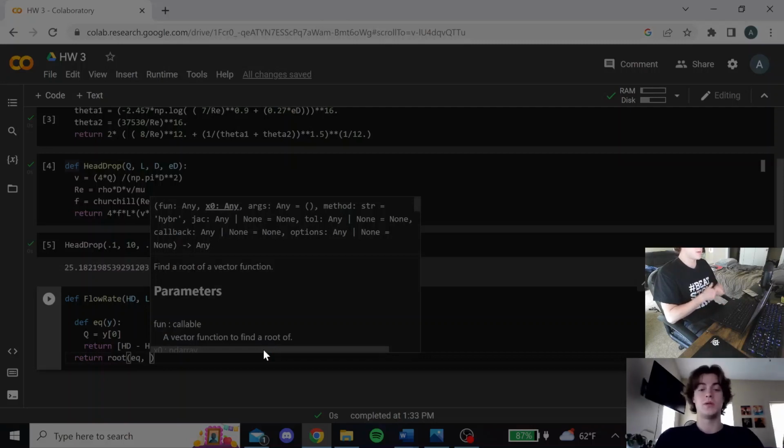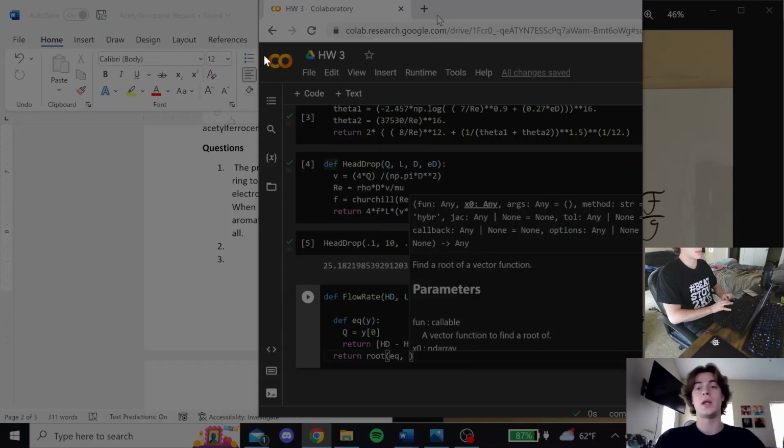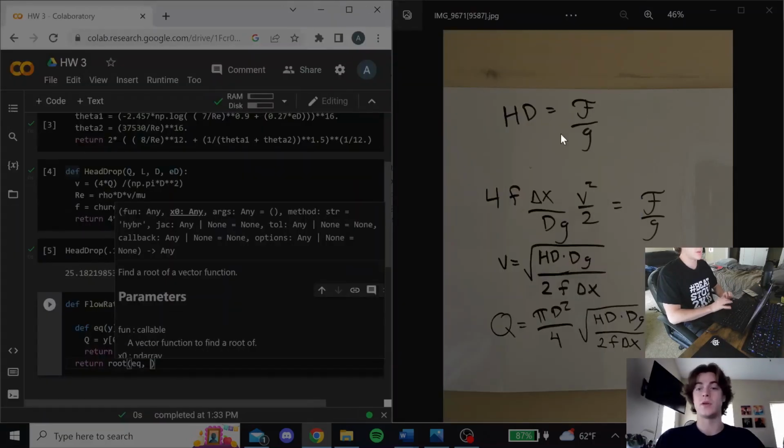So this is a little difficult, but we can actually derive an expression for this, and I went ahead and took a picture of the derivation on the whiteboard, and I'm going to talk through it a little bit. So we know the head drop is equal to the frictional heating over gravity, and we can go ahead and implement the expression for frictional heating that uses the Fanning friction factor, which is the second line here.